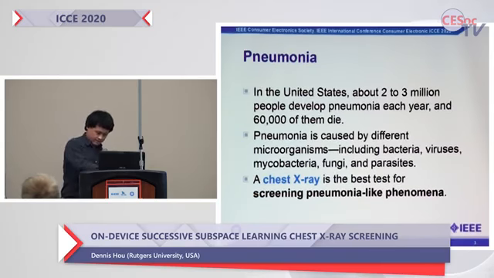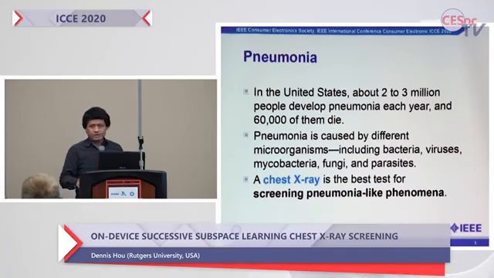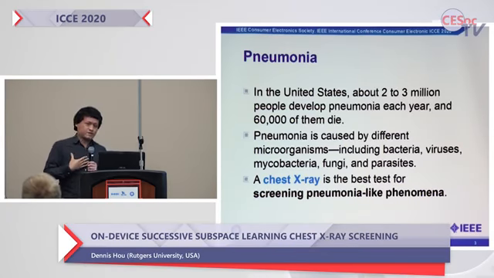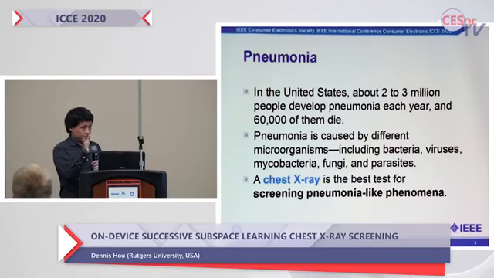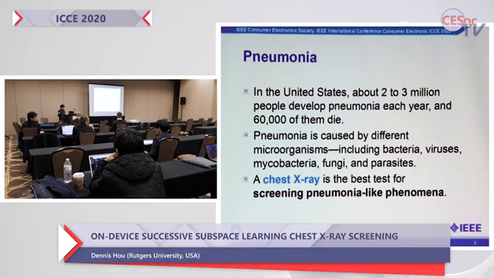But I want to emphasize this phrase at the bottom, pneumonia-like phenomena, because properly speaking, pneumonia is only when you have an infectious agent. And there are many kinds of conditions that look like pneumonia from an X-ray perspective. So pneumonitis could be caused by anything from, for example, workplace things like silicosis, vaping, drug interactions, things like that.